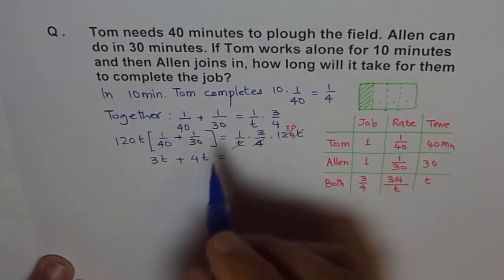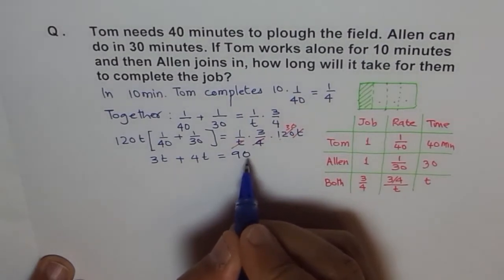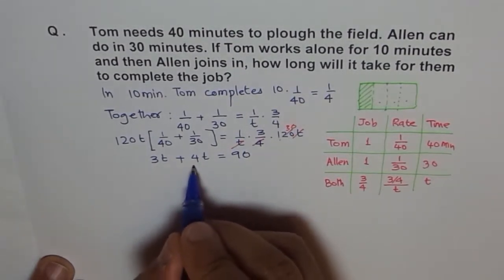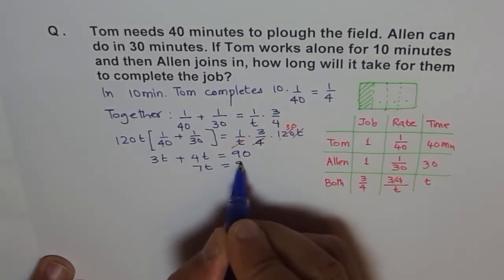So you're left with 90 here. 3 plus 4 is 7, so we get 7t equals 90.